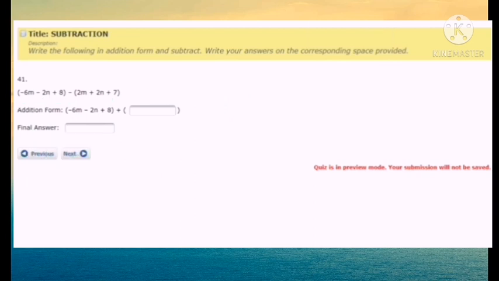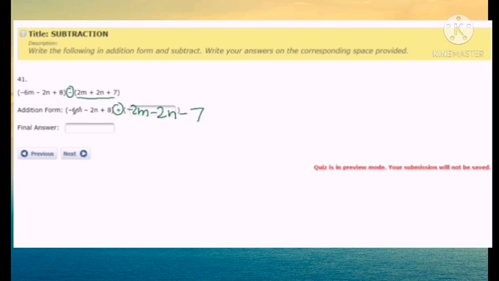Next, number 41. This time it is subtraction. So in subtraction, we have to write the addition form first before we add. Okay, so what I'm going to do is to change subtraction to addition, and the subtrahend will change to its opposite. So positive 2m will become negative 2m, plus 2n will become negative or minus 2n, and plus 7 will become minus 7.